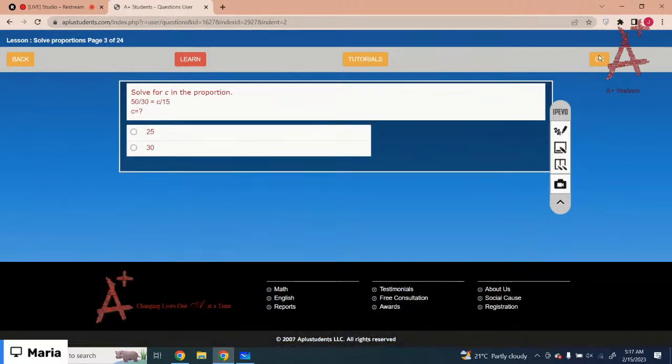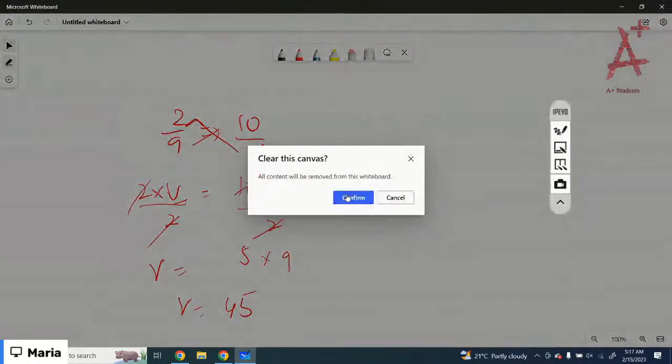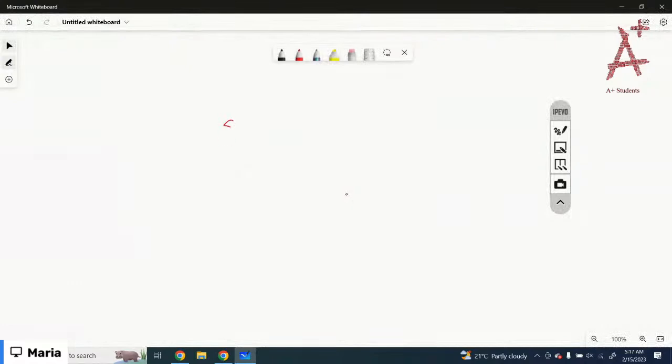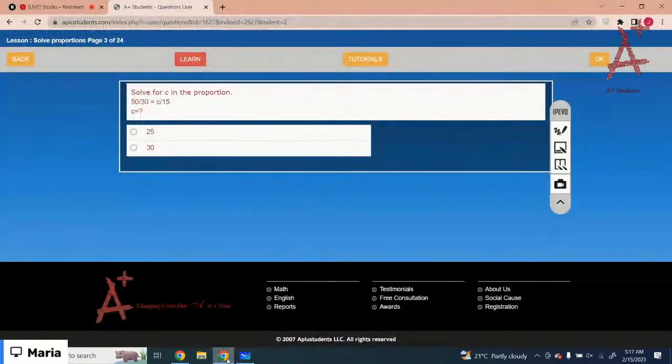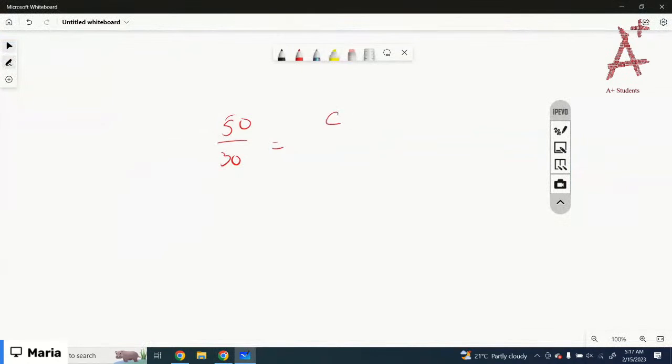Okay, the next one is 50 over 30 equals C over 15. You have to calculate the value of C. Here C is divided by 15.